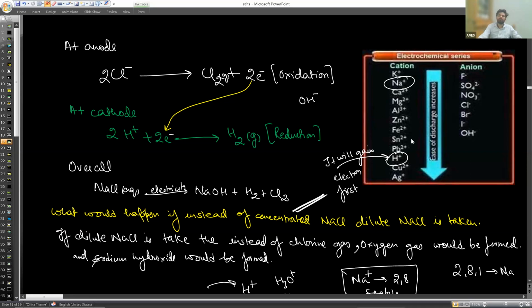If I ask you about two negatively charged ions, one is Cl minus and another is OH minus, the OH minus ion does not donate the electron first. Only the Cl minus ion is going to donate. You can understand it like this: we have two substances, one with a boiling point of 100 degrees and another with 60 degrees.